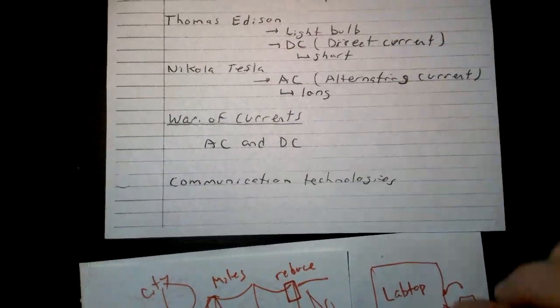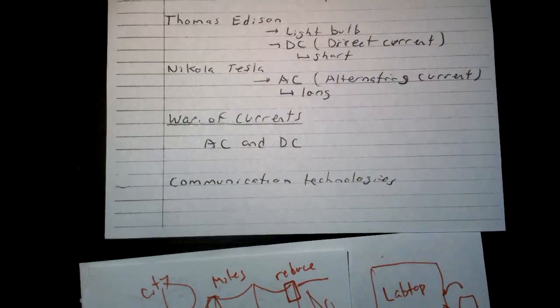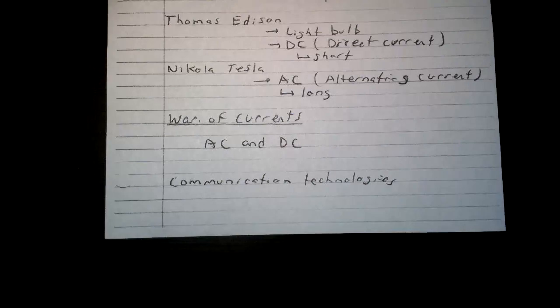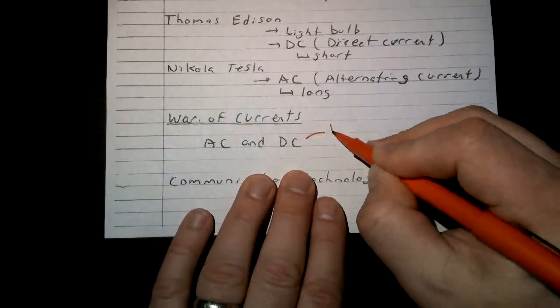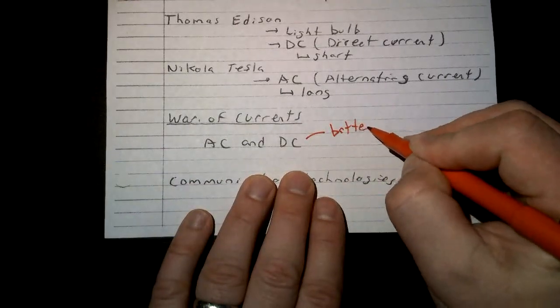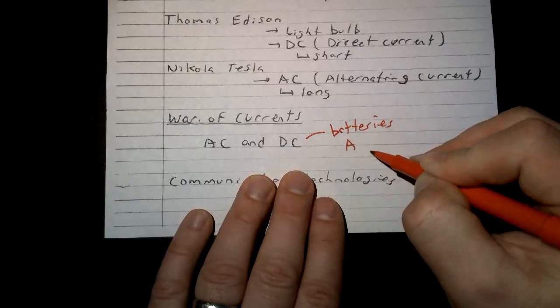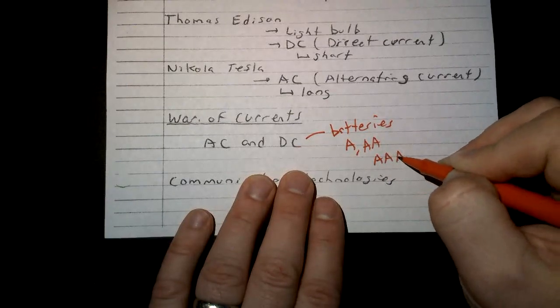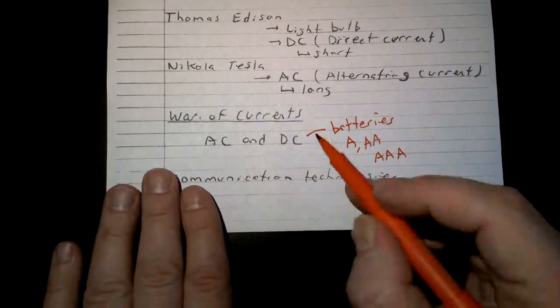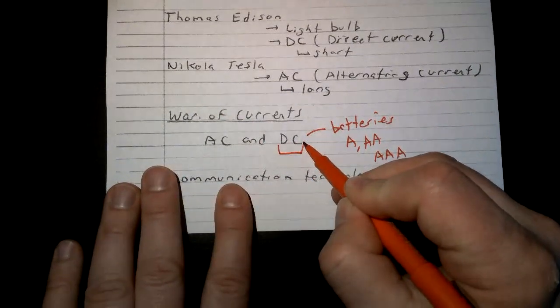And this is where it becomes the War of the Currents. DC is more prevalent in some ways. Batteries, if you get some batteries like A, double A, triple A, and so on, you have direct current.